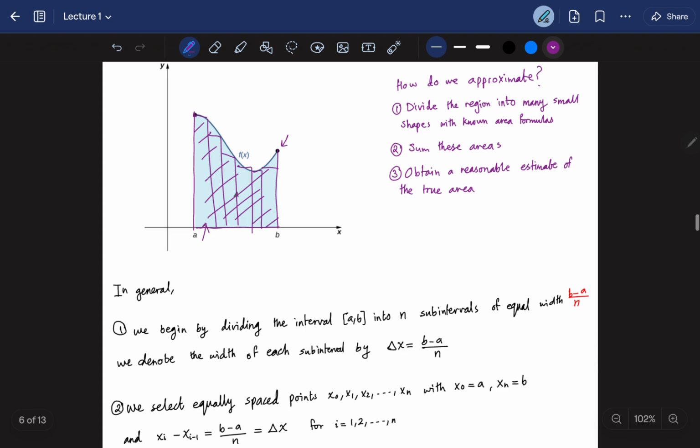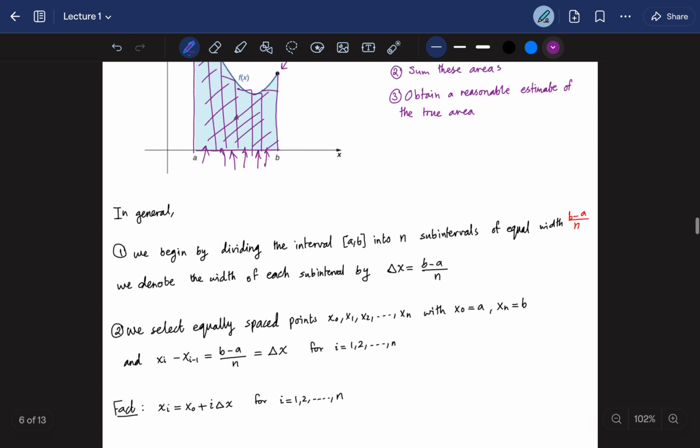Once I find the area for each one of these rectangles, the area under the whole curve is just adding these areas of rectangles, and we have an estimate of that area. Not quite equal to it, just an approximation for it.